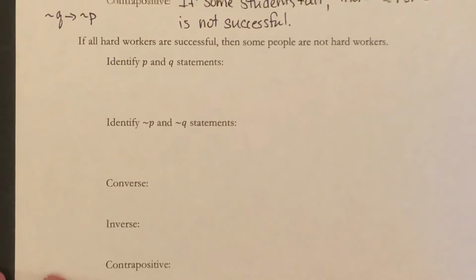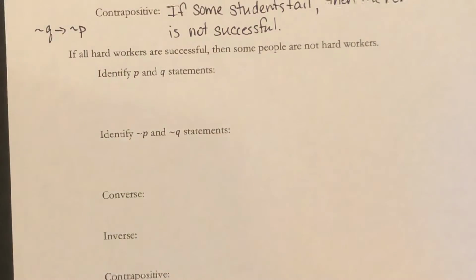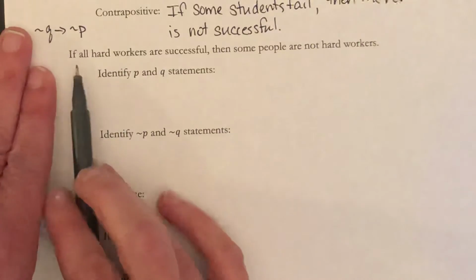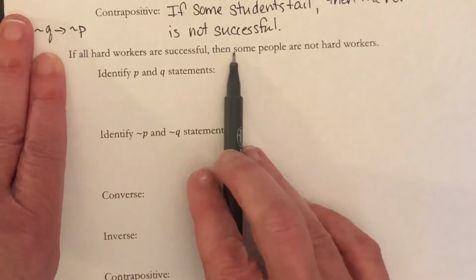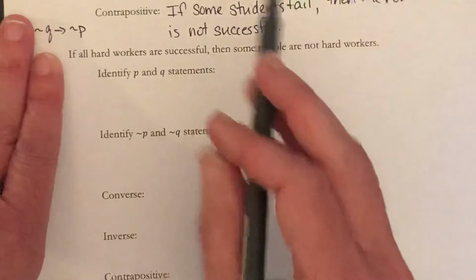And we're going to do one more of these, again with some quantified statements so we get practice with that. If all hard workers are successful, then some people are not hard workers.